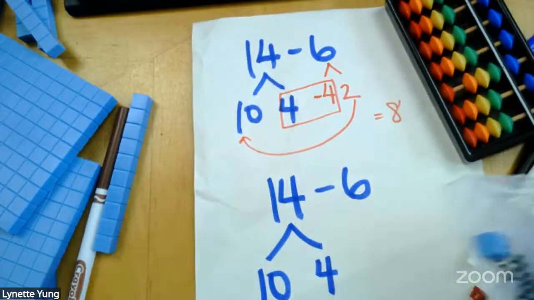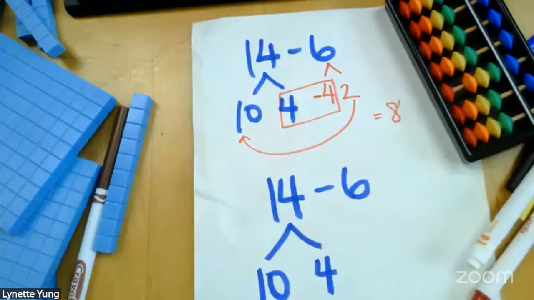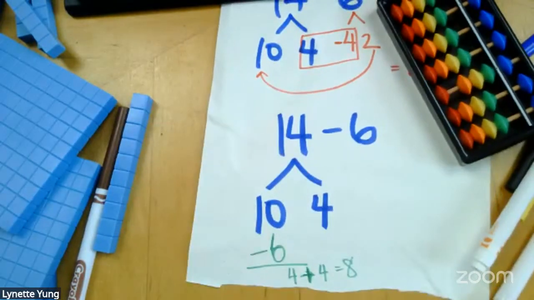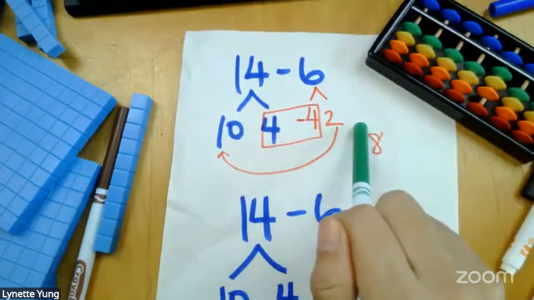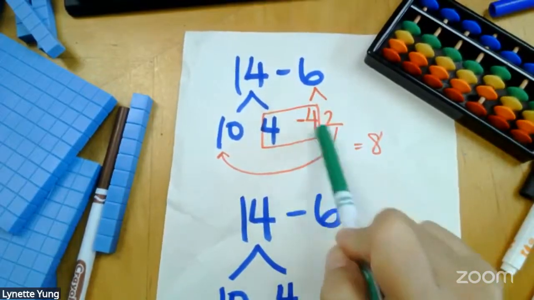All you have to do is use the partners to 6. The partner of 6 that makes 10 is the 4. Exactly. So they're almost there, but in abacus we don't do this.